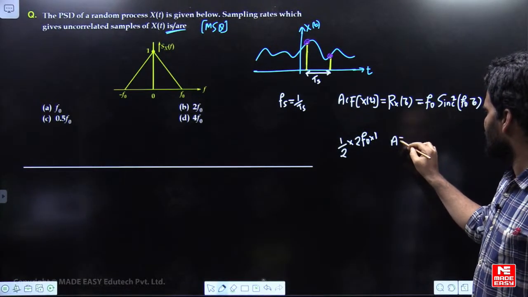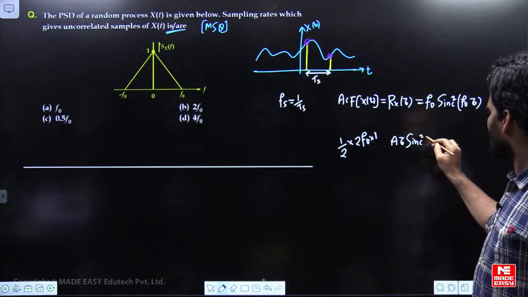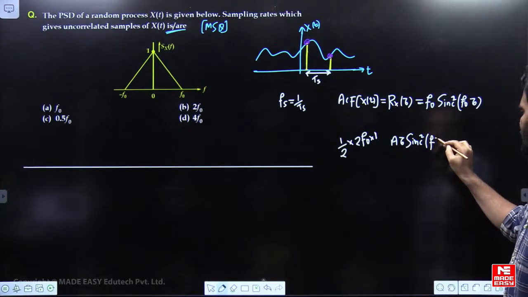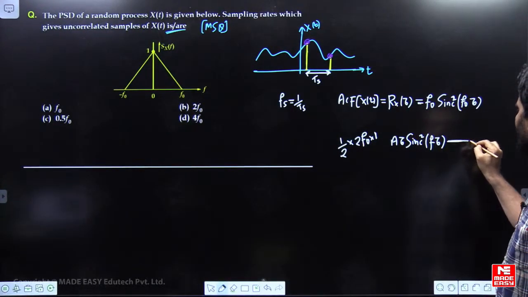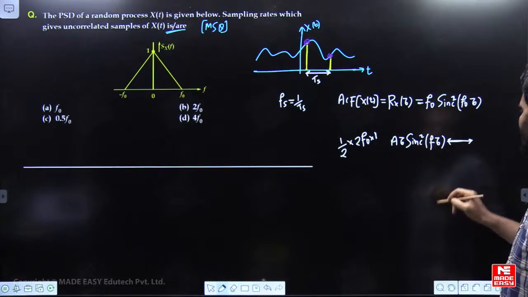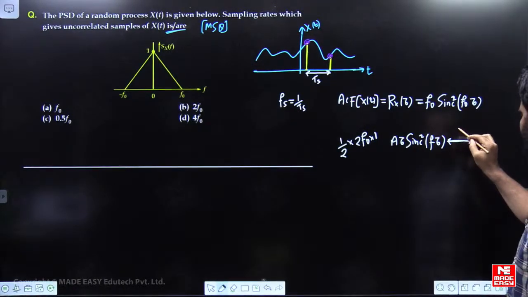Like if you see A tau sinc square f tau, what is the inverse Fourier transformation of this?